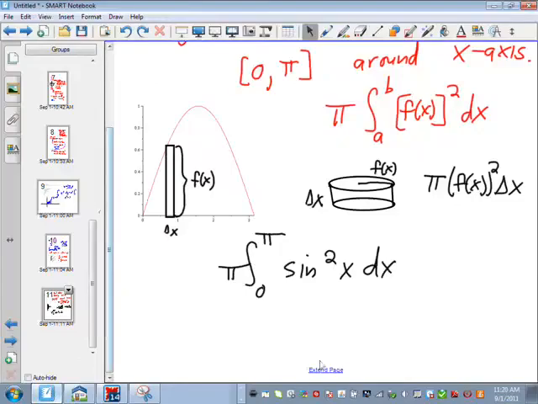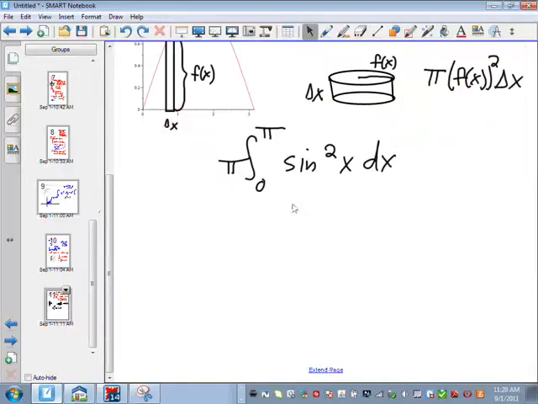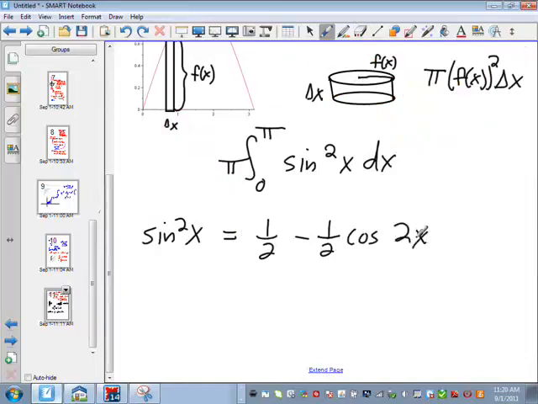Right. So then the observation is, and we'll do a number of these in chapter 7, the observation is that sine squared x, more trig, is 1/2 minus 1/2 the cosine of 2x. I guess that's a remark. The remark is that.